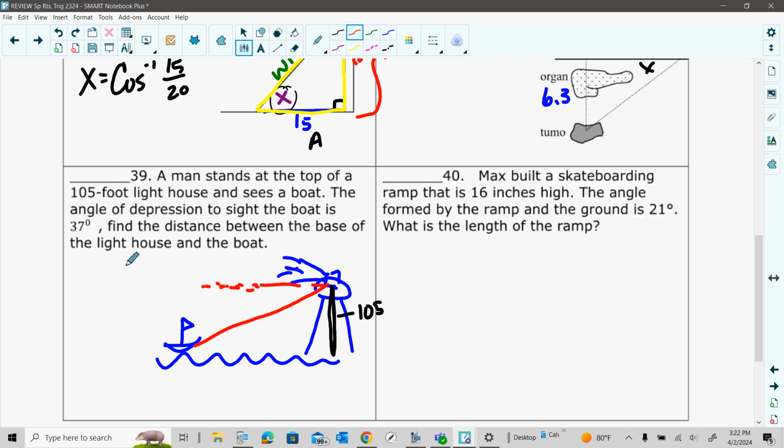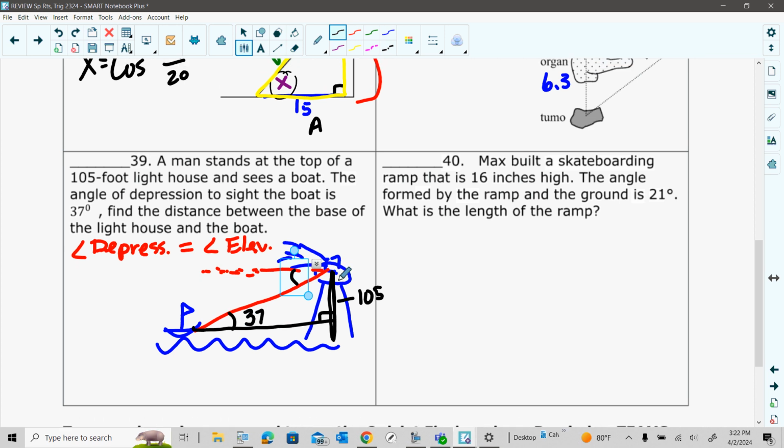But if you remember, all angles of depression equal angles of elevation. So if I turn this into a right triangle, these two angles are congruent. So I can put the 37 with the horizontal line here.